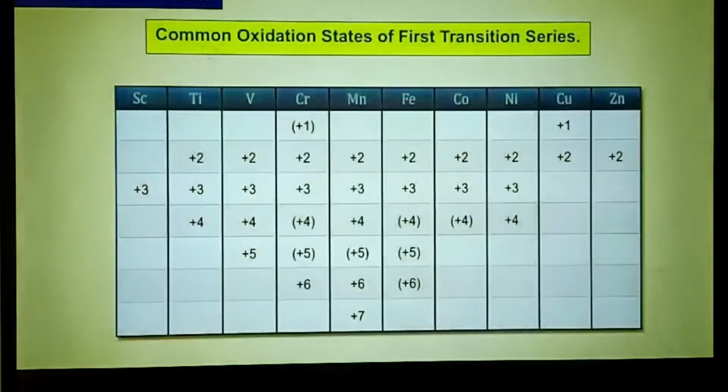Here is the list of common oxidation states exhibited by the first row transition elements. It is important to note that the oxidation states shown in brackets correspond to unstable oxidation states. Some points may be noted from the table. Except for scandium and zinc, all the other elements show more than one oxidation state.